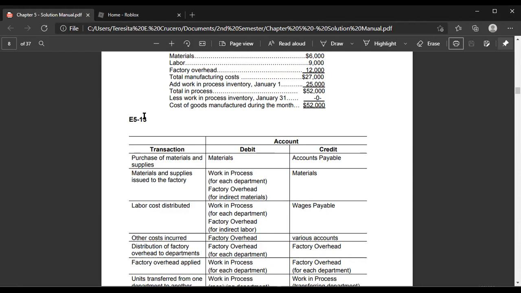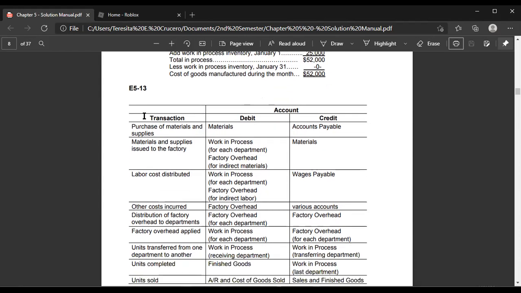You may be closing factory overhead if you are now distributing to the various departments. So you may debit factory overhead control and credit it again. However, if you have to record your factory overhead applied, then you debit work in process and credit factory overhead applied, or simply factory overhead.